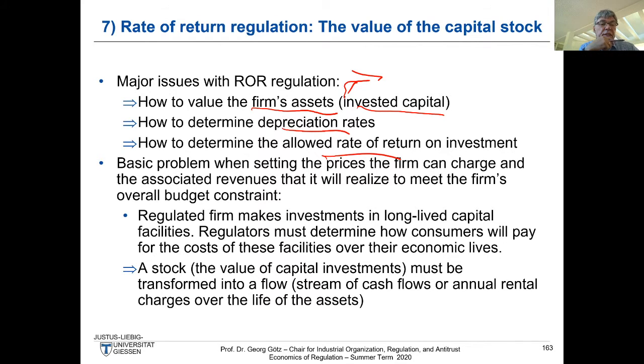What he states is that the firm has to make huge investments in long-lived capital, like setting up an electricity distribution or transmission network, having to invest, say, 10 or 15 or 20 billion, and the consumers have to pay that back over their economic lifetimes.